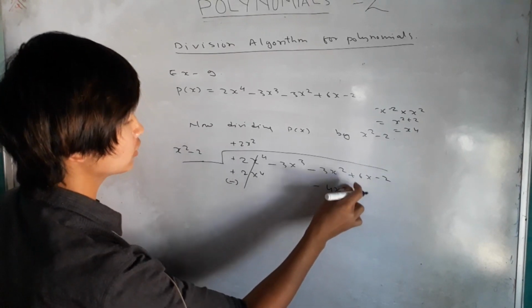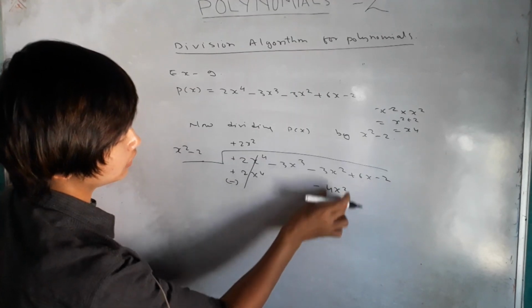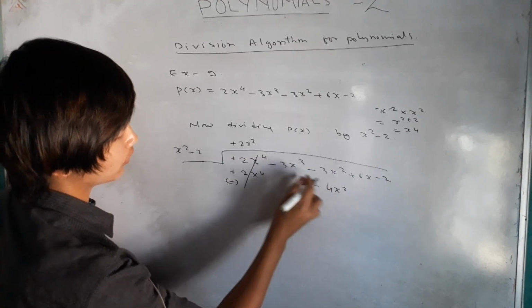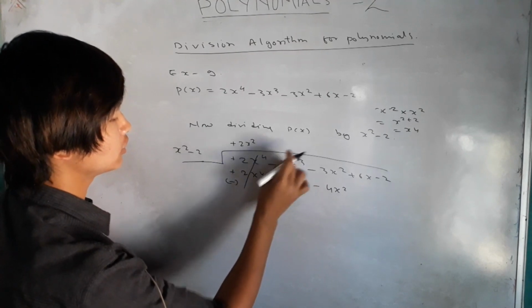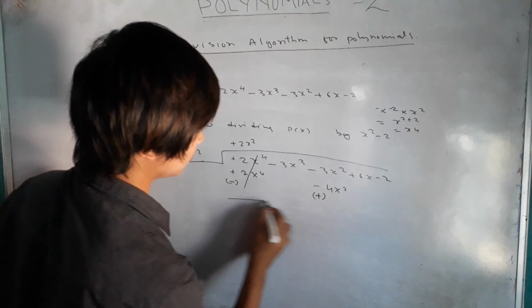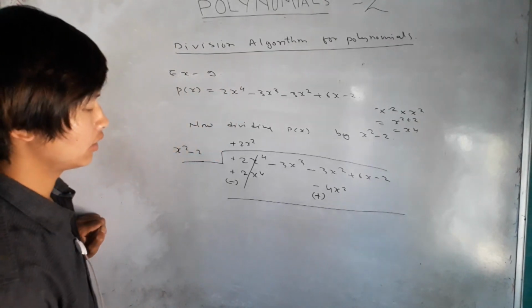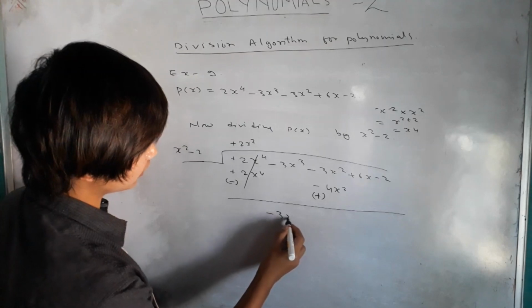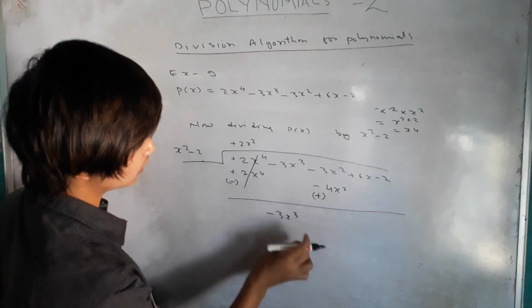We must keep the term beside the similar term. Here is power 2, here is power 2. I cannot keep it here because the term is different, it will not subtract. So it will come down without changing the sign because I haven't touched it.